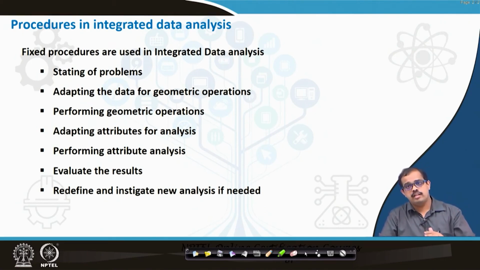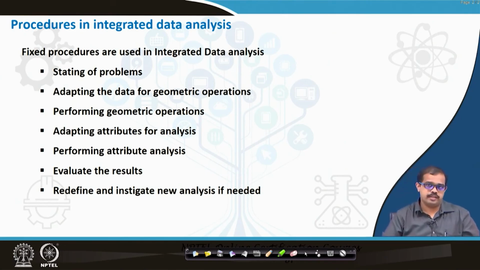What kind of data, how the geometric operations are done, what kind of operations have to be done, whether it is polygon on polygon, polygon on point, polygon on line. So, what kind of analysis are you trying to do, what kind of geometric operations would be done, and adapting attributes for each analysis, what attributes you need and how they are reflecting on the information.